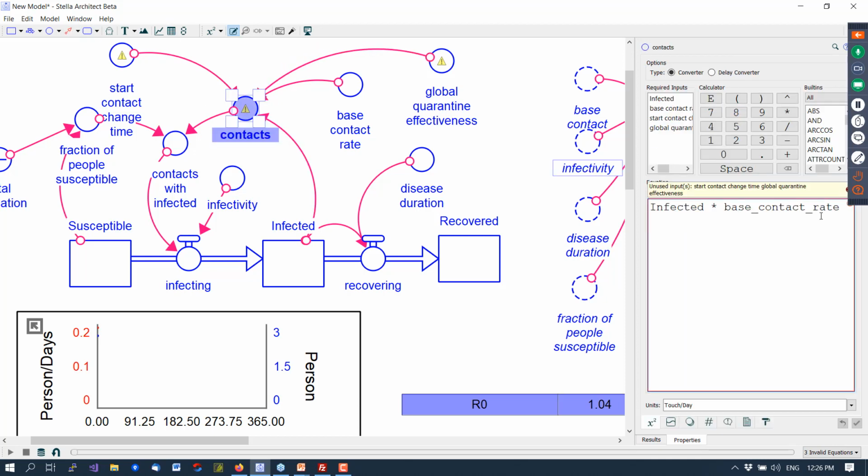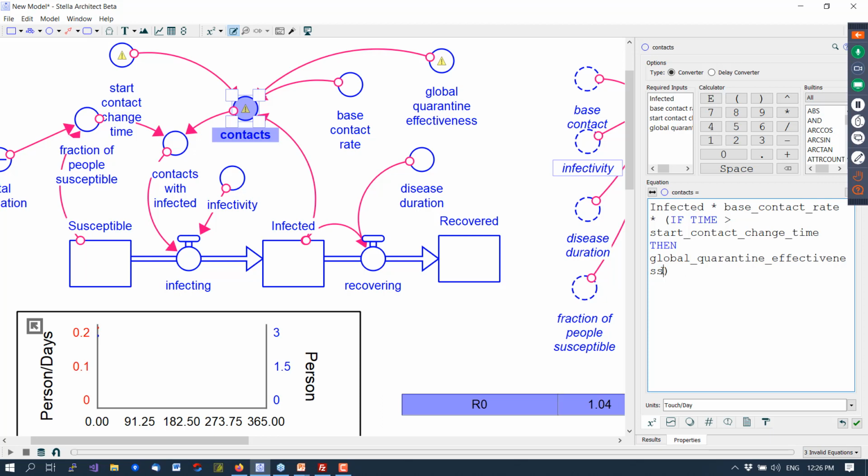So contacts, instead of just being infected times the base contact rate, we also multiply, we check to see if we've started our quarantine. So actually a couple ways of doing this. I think I'll do it as a multiplier times: if time is bigger than the start contact change time, then we have our global quarantine effectiveness, or let me do 1 minus, actually I'm going to use effectiveness.